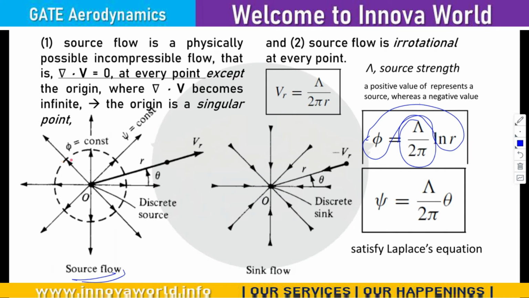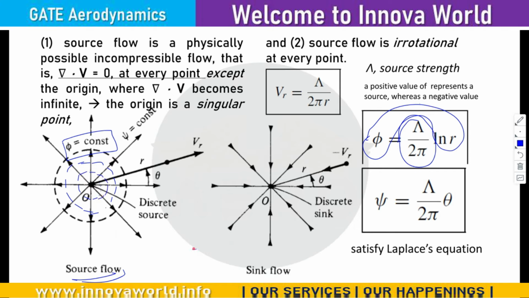Now if any figure is given to identify which flow it is, the right option among all. If it is a source flow and they are asking for the velocity potential, then at each interval of the radial distance, the nature of the velocity potential has to be a concentric circle.